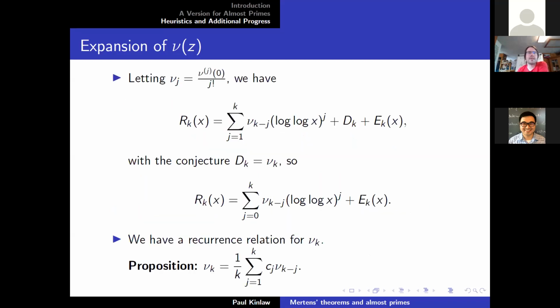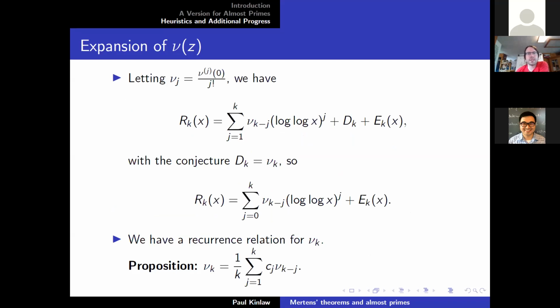And for short, let's let nu_j be the jth derivative of nu at 0 over j factorial. So these are the coefficients. And so the remaining hurdle is to show that d_k is equal to nu_k, so that we'd have this nice expression for r_k of x that works, including that constant coefficient.